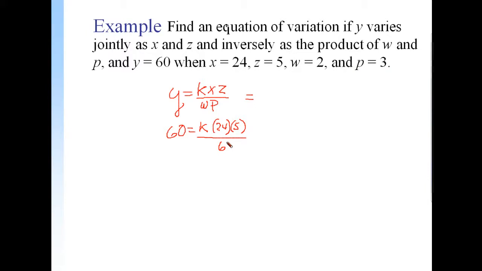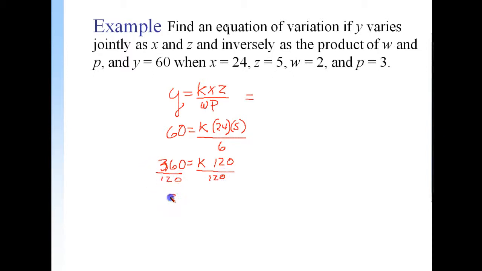Okay? Now, one of the things, if I want to get rid of this fraction, I'm going to multiply this 6 by this. And that gives me 360 equals 5 times 24 is 120. I'm going to divide both sides by 120.